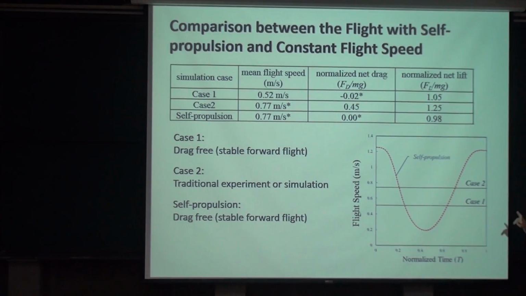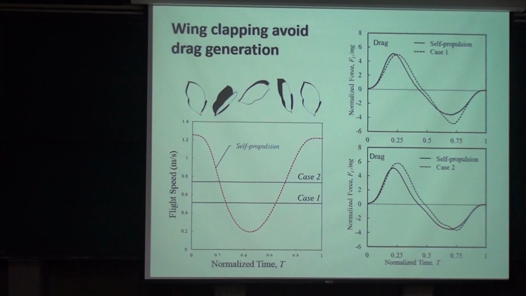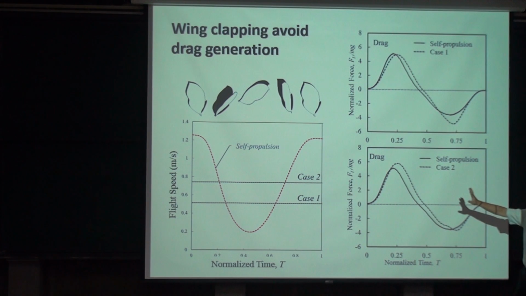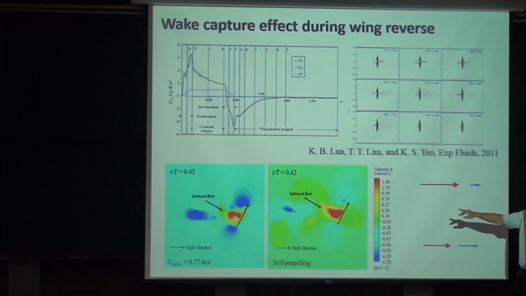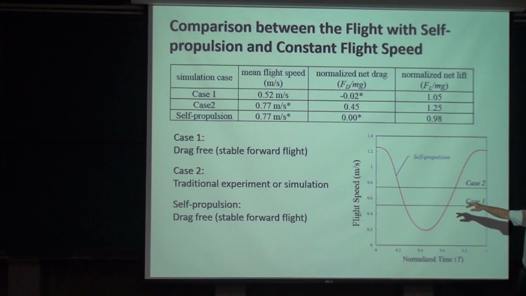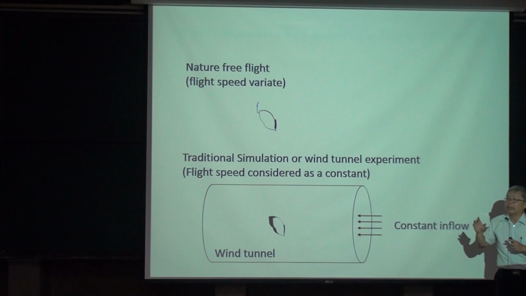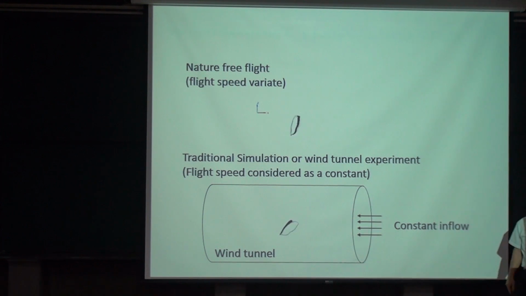Okay, and then we calculate the drag force and the lift force. We found the drag force, I think in our case, is 47% less than previous studies. 47%, that's a lot.